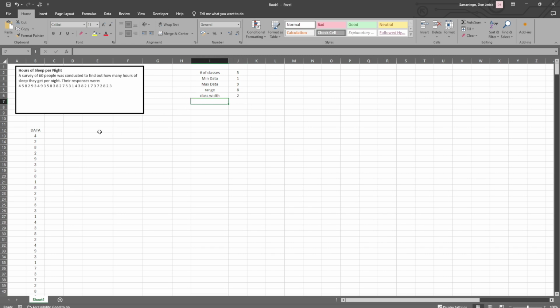And next, we can move on to the class number. For the number of classes, we need to input 1 to 5, because 5 is the number of classes that we have.